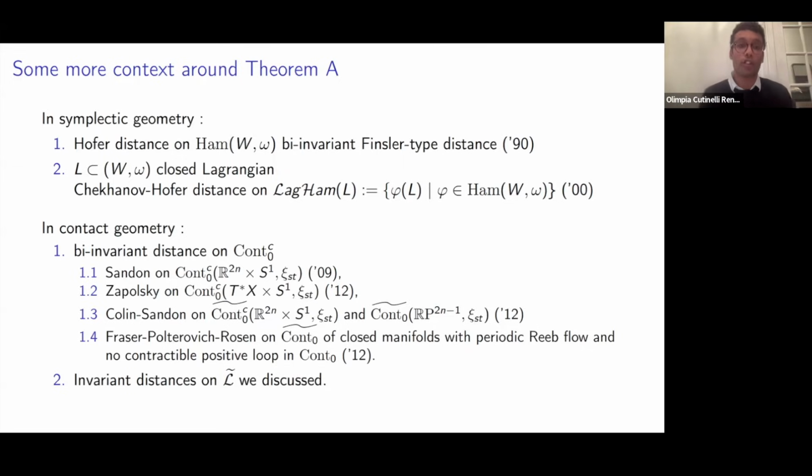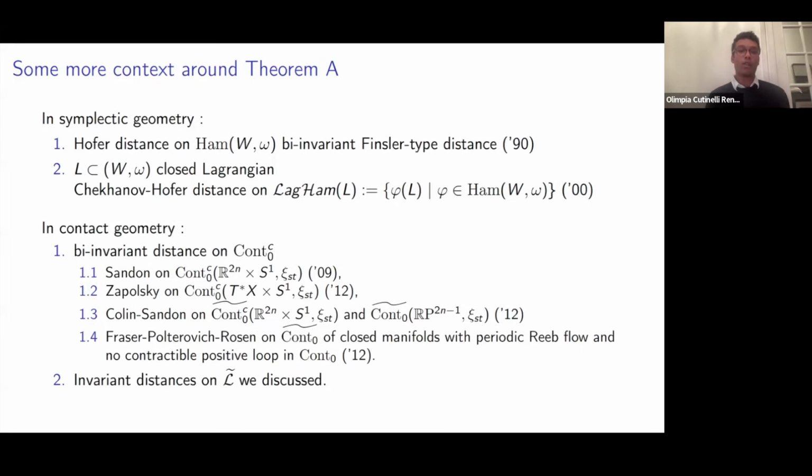And the only interesting result for the moment that does not make this assumption of the existence of a positive loop of contactomorphisms is the Theorem A I just showed before. And this is why I was happy to have a result about invariant distance without asking for a positive loop of Legendrians. So this was a first remark.